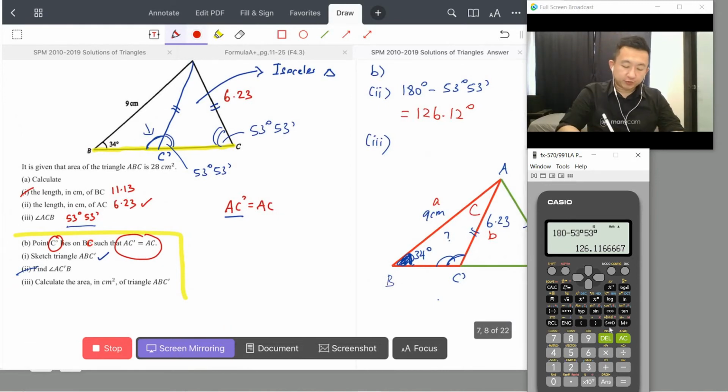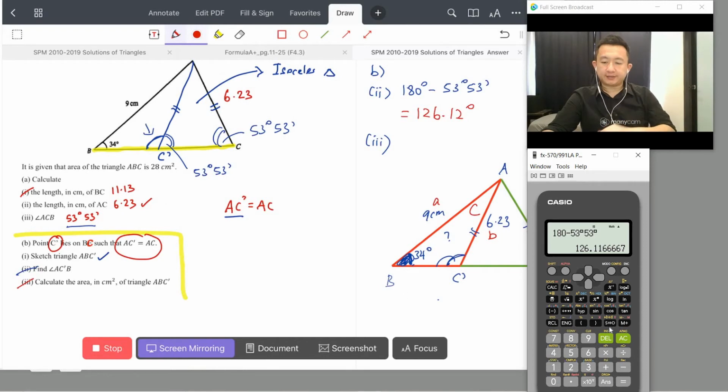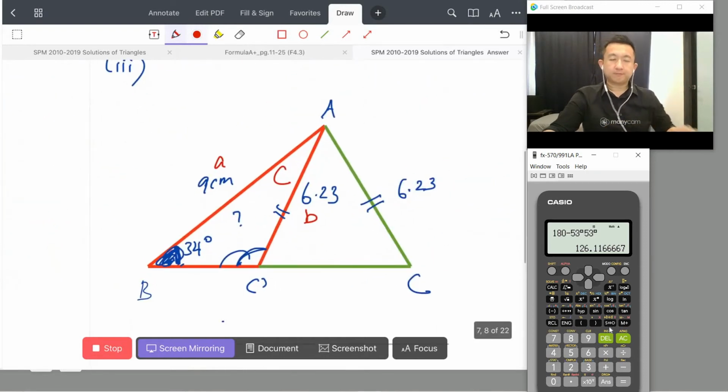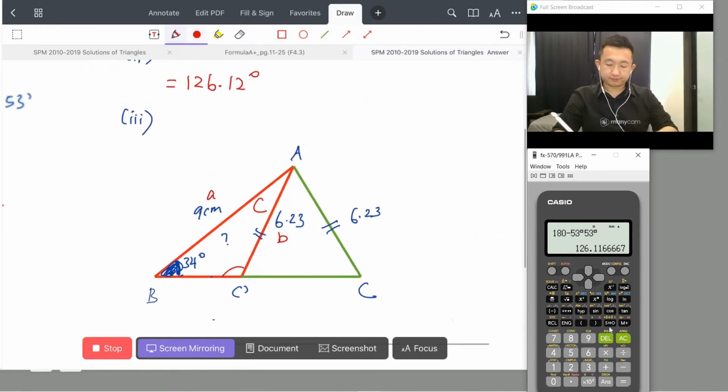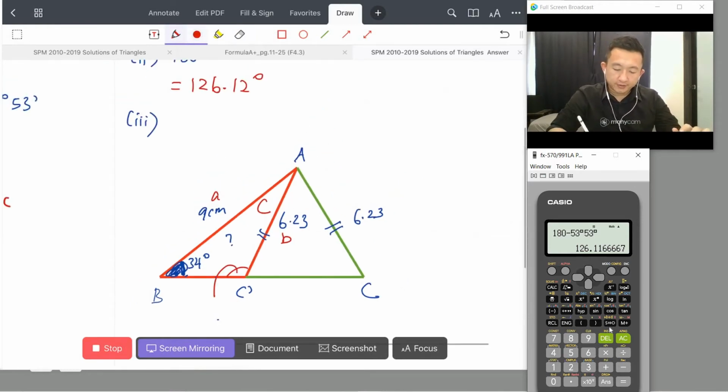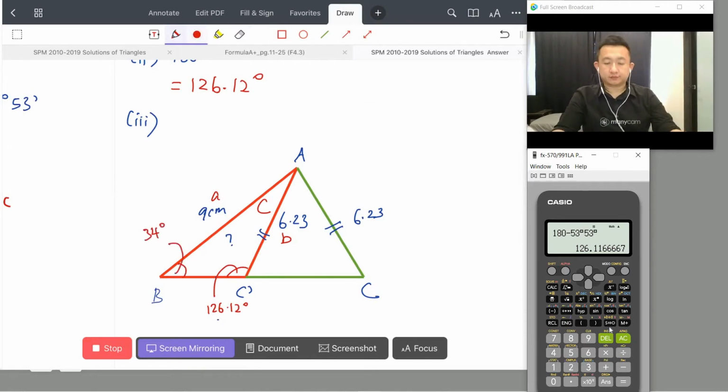Now we look at number 3. Calculate the area of the new triangle ABC prime. Just now, what do we have? We have this angle 126.12, and this is 34 degrees. So is it possible to find this angle? Why this angle?